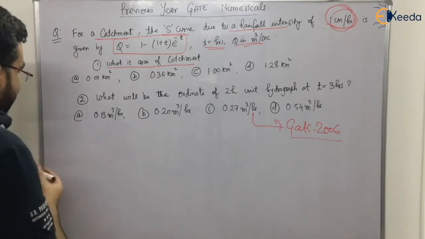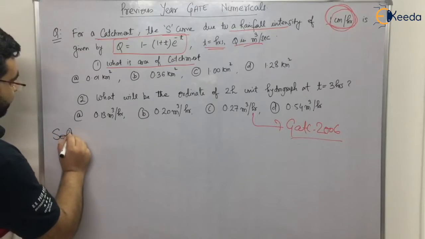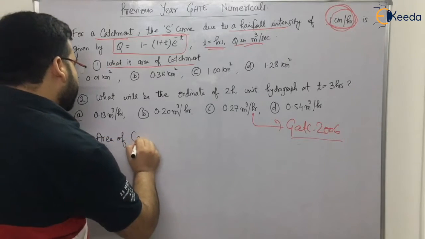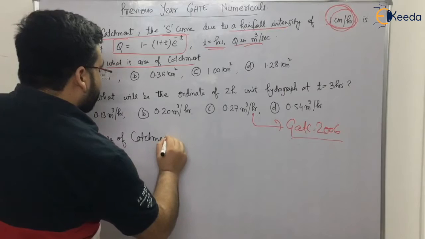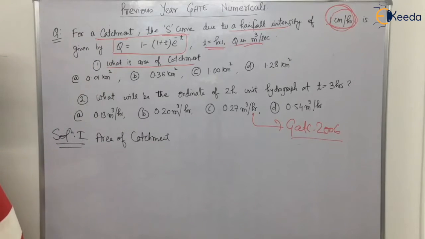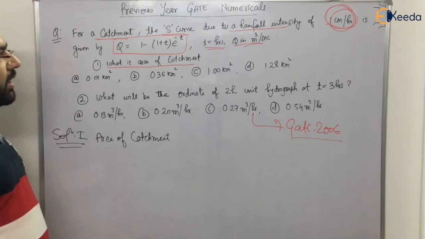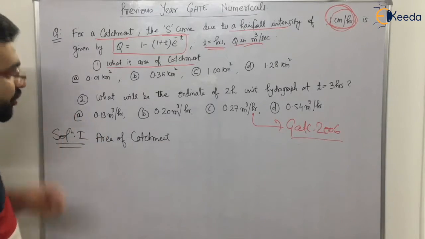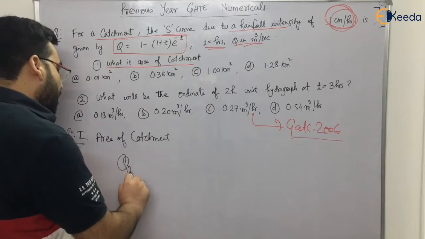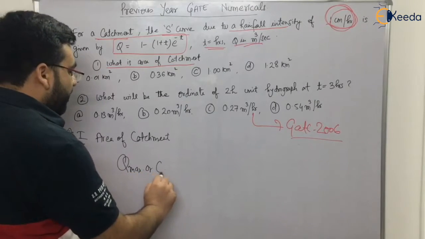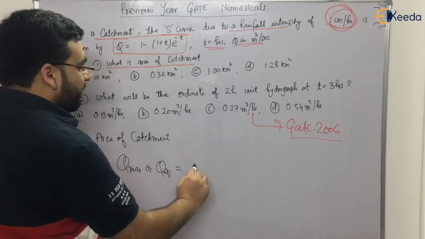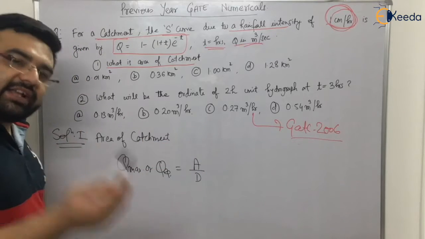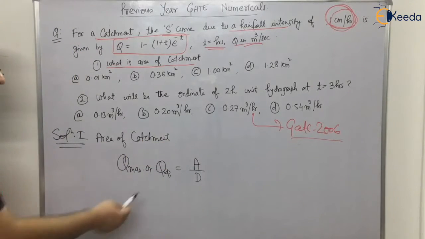Solution number 1: area of catchment. When I discussed the equilibrium discharge or the maximum discharge, I told you that the maximum or equilibrium discharge is given by A divided by D, or A into I, where I is the rainfall intensity and D is the hours.